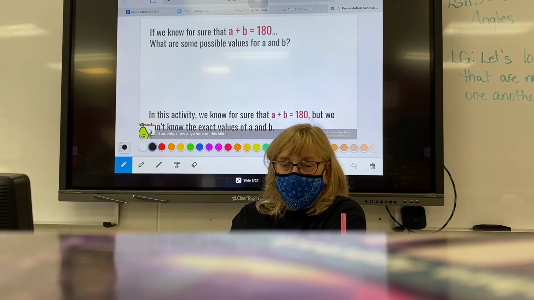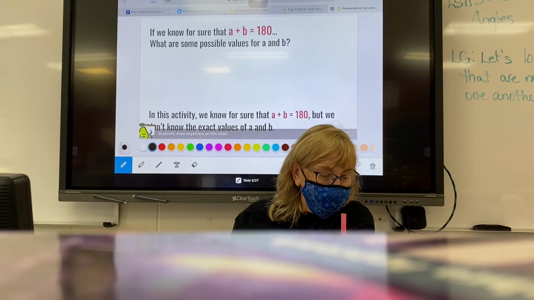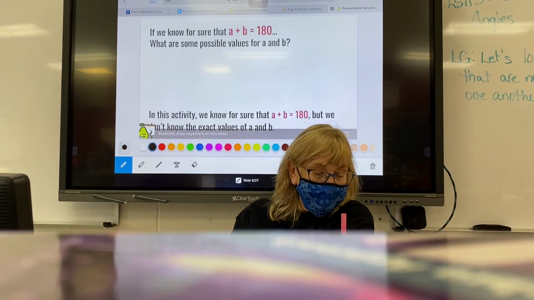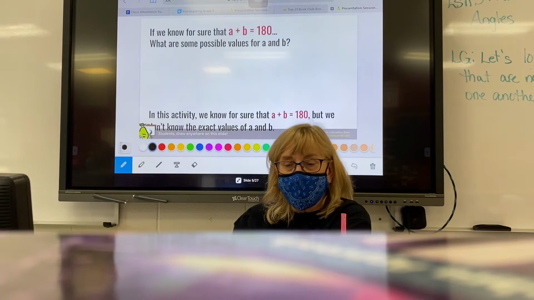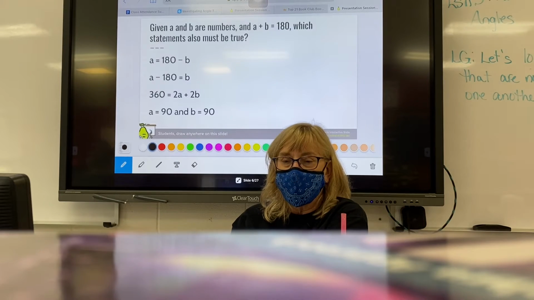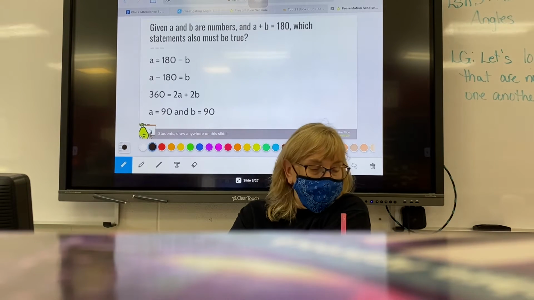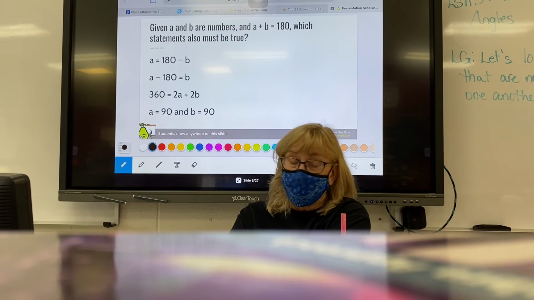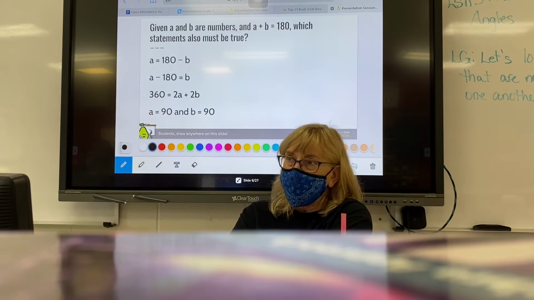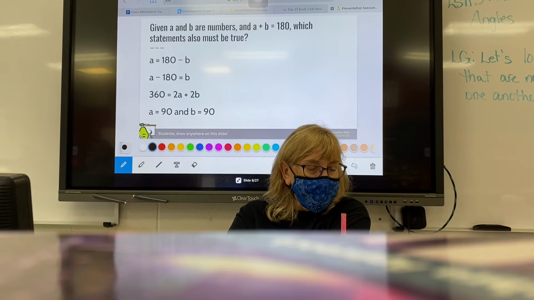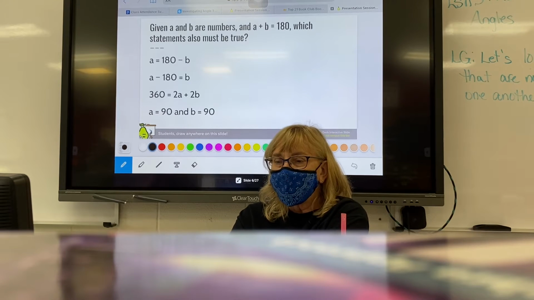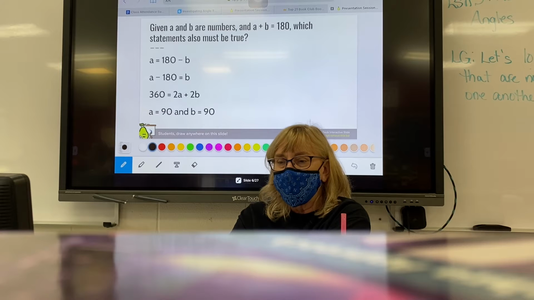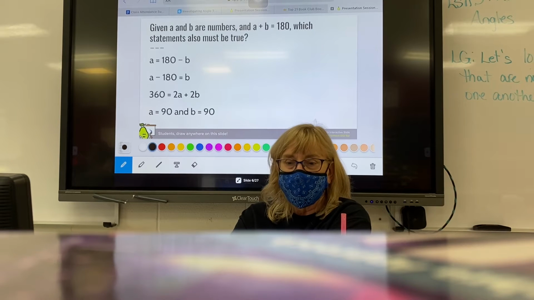Okay, now the next thing is, in this activity, we know for sure that A plus B equals 180, but we don't know the exact values of A and B. So, given A and B are numbers, and A plus B equals 180, which statements also must be true? Circle them.